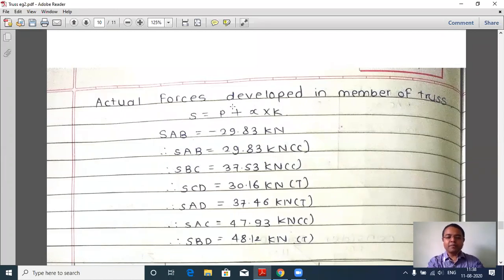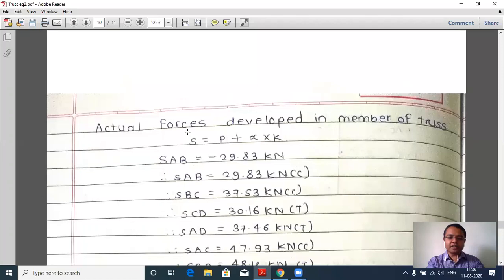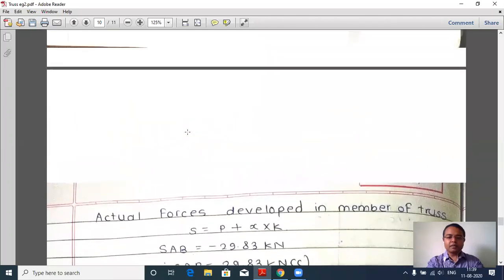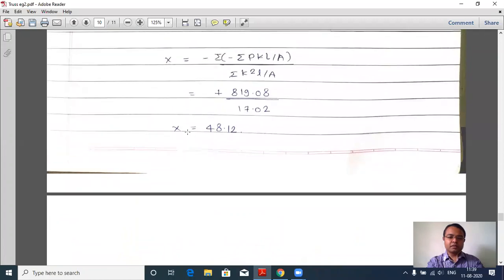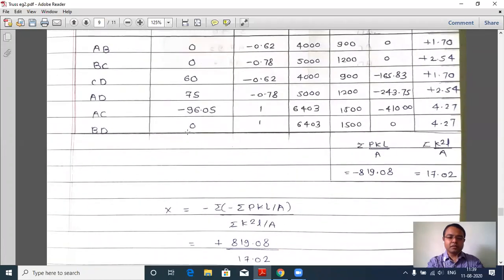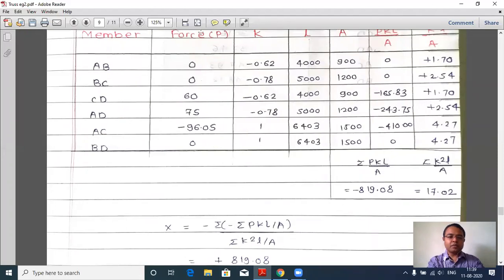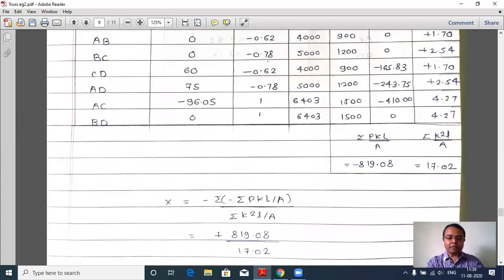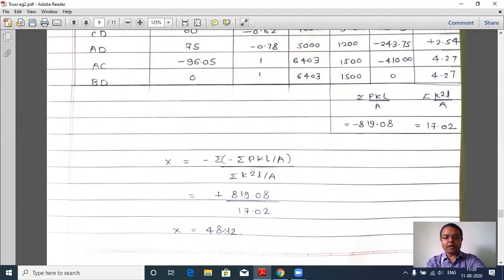Consider FAB from the table. The P force for FAB is 0, so 0 plus XK. Take the sign along: minus 0.62 multiplied by the X value, plus 48.12.